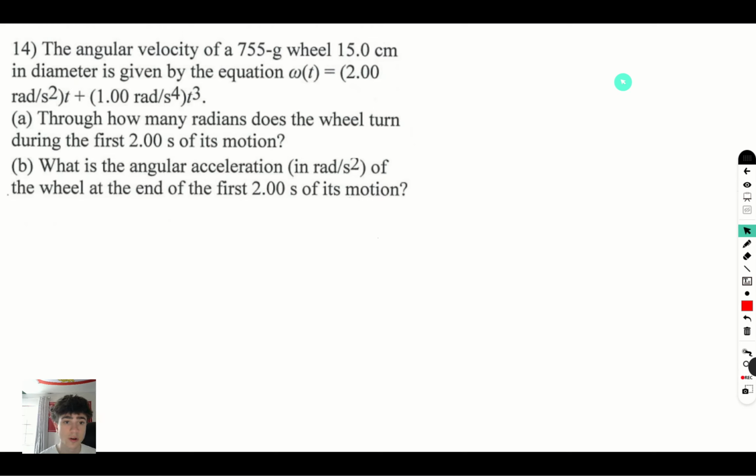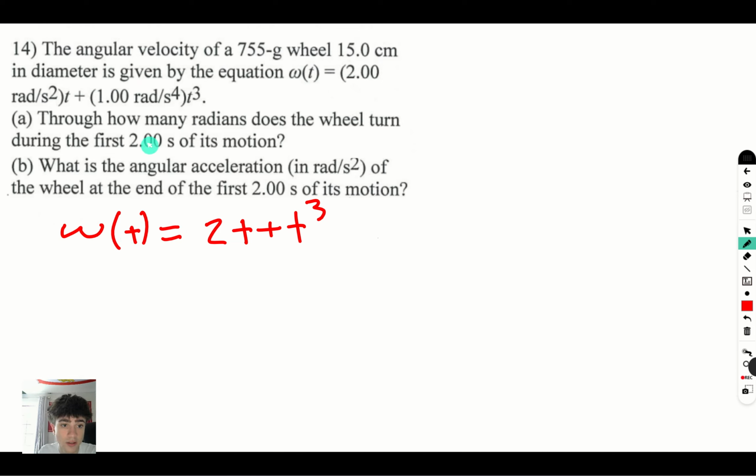Okay, so what I like to do first with these types of problems is to rewrite the equation without the units. So we can just write omega in terms of t is equal to 2t, since we have the 2 here, we don't have to write the radians per second squared, plus 1t cubed, which we're just going to write as t cubed.